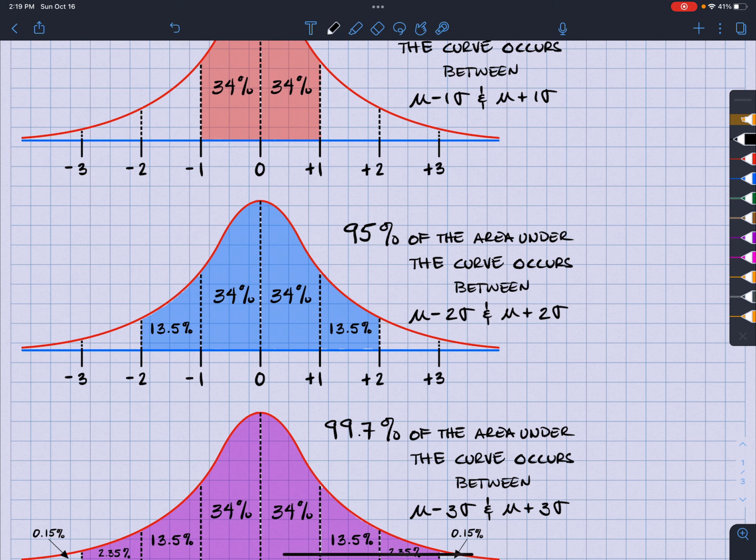So if I take the 95 minus the 68%, and then divide that by 2, I'm going to get 13.5%, okay? So that's how I would get these two here, right? And that is 2 standard deviations away.